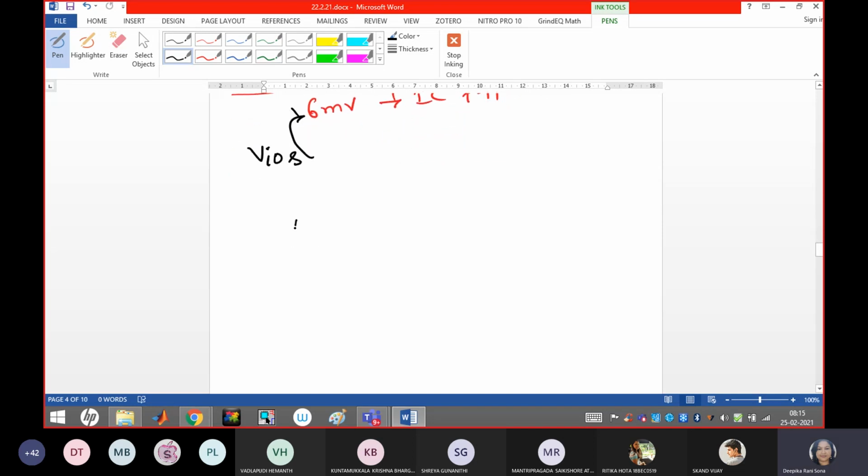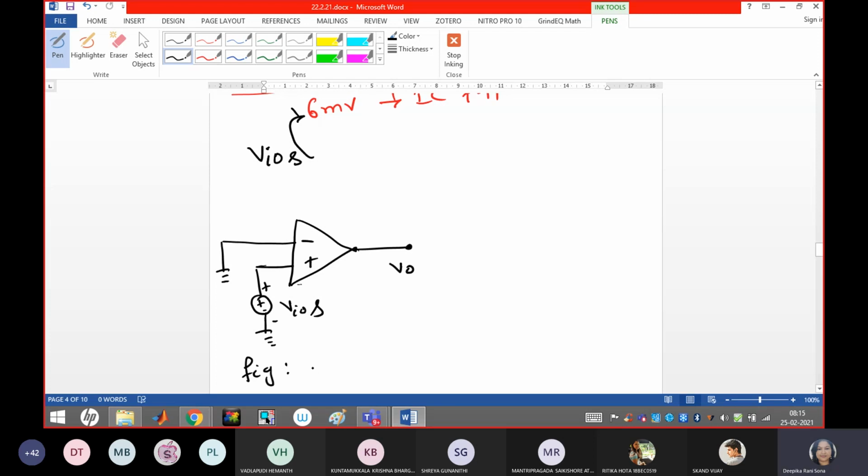We have the normal differential amplifier without any feedback. This is the V0 side, and here it is grounded, but suppose the VIOS is existing at this non-inverting input terminal. So this is the figure which shows offset voltage.